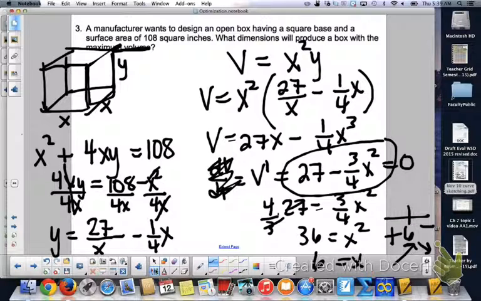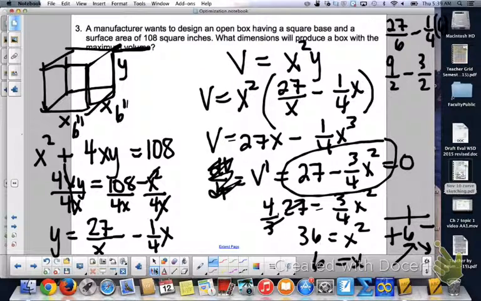So what dimensions? x is 6, so you have 6 inches by 6 inches, and y is 27 over 6 minus 1/4 of 6, so 9/2 minus 3/2, that's 6/2, so 3. 6 by 6 by 3, and there you go.